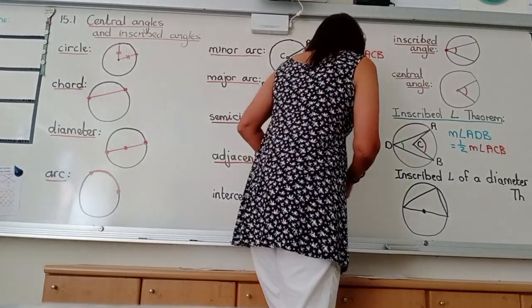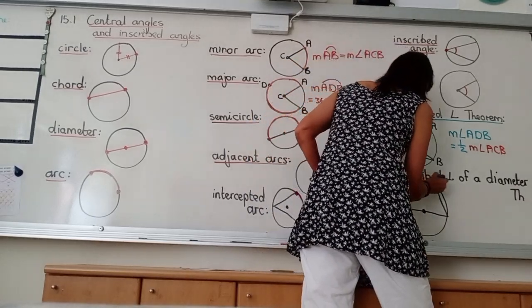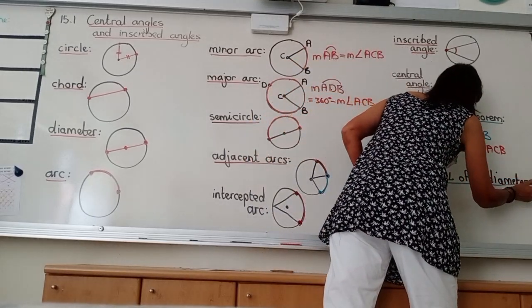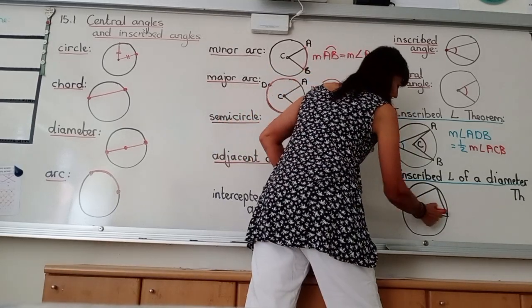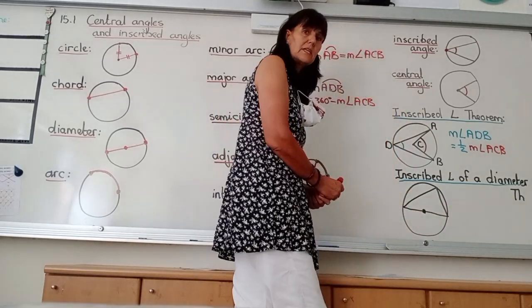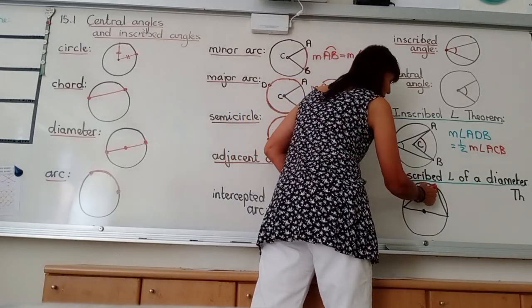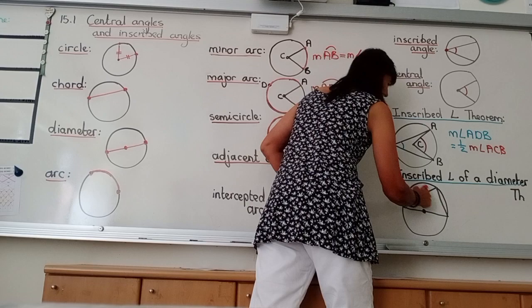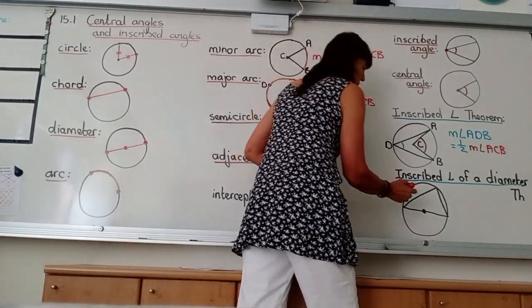Okay, last one here, an inscribed angle of a diameter. And if this is a diameter, you can see it's going through the center. What will be the size of this inscribed angle anywhere? Doesn't matter where I draw that angle on the circumference of the circle.